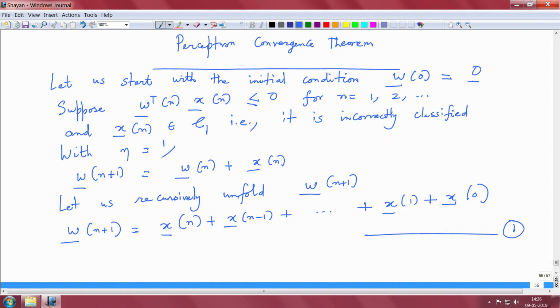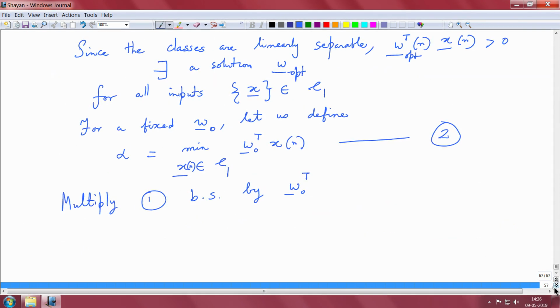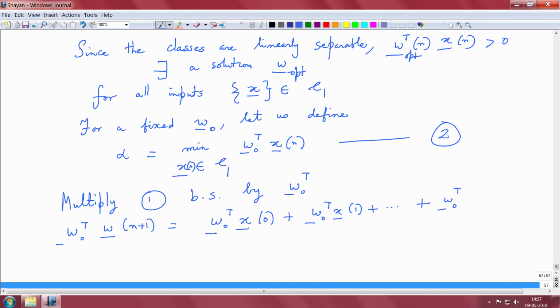When we multiply it by W_O transpose, we get: W_O transpose W_{n+1} is W_O transpose x_0 plus W_O transpose x_1 dot dot dot plus W_O transpose x_n.